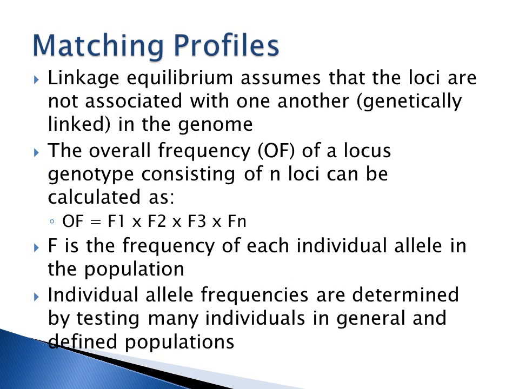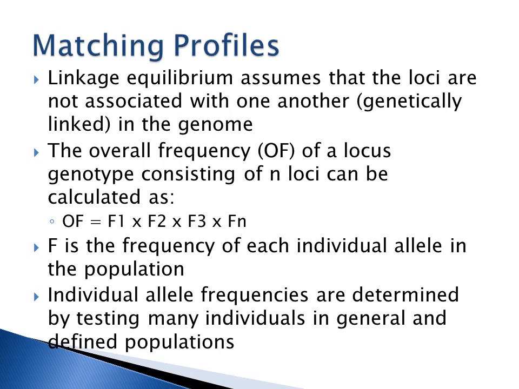So linkage equilibrium assumes that the loci are not associated with one another, or what's called genetically linked in the genome. The overall frequency, or OF, of a locus genotype consisting of n, or the number of loci, can be calculated.